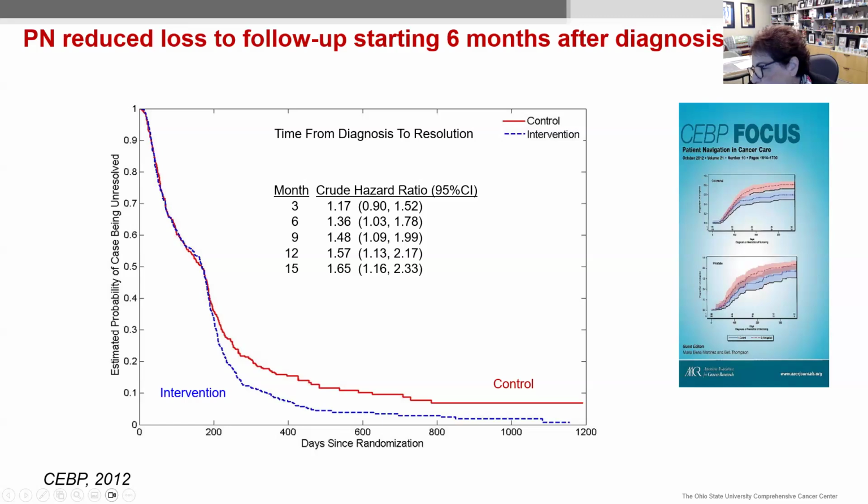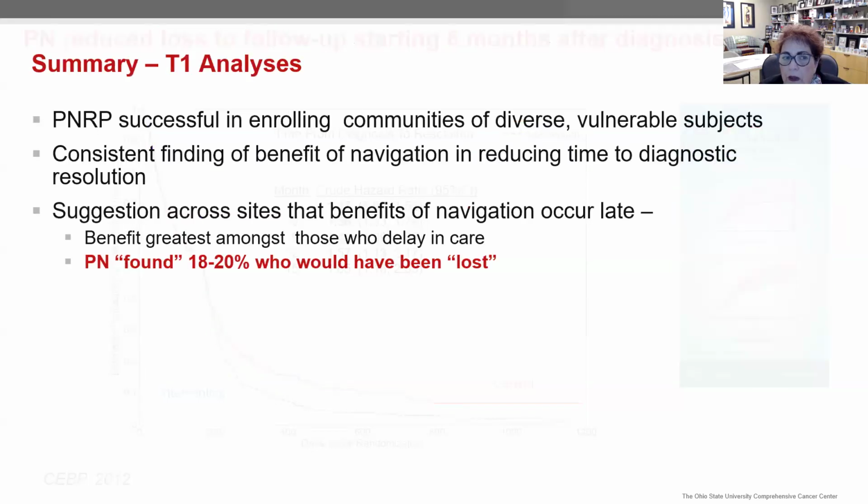But at a little over 200 days, the lines started splitting, so that among the people who received navigation, in blue, almost everybody had been resolved, whereas not everybody in the control group had been resolved. We estimated that the intervention became significant right about 6 months. So basically, navigation was finding people who would have been lost.